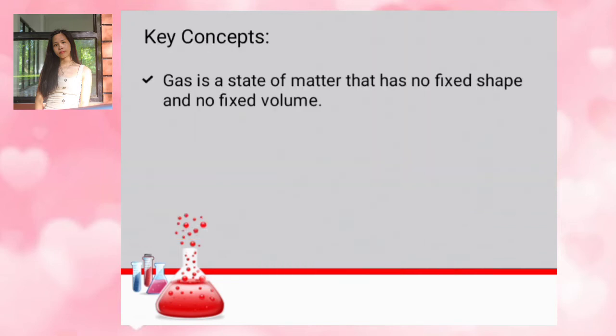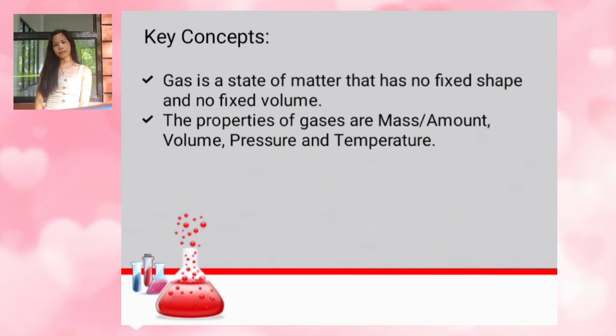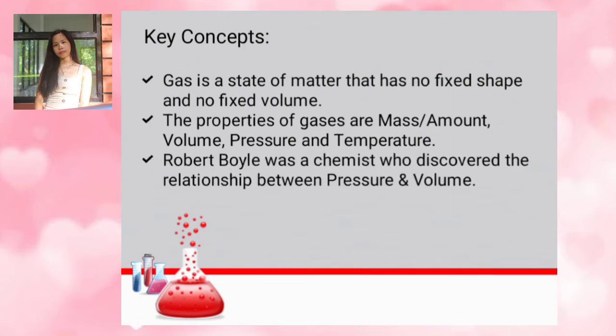Key concepts. Gas is a state of matter that has no fixed shape and no fixed volume. The properties of gases are mass, amount, volume, pressure, and temperature. Robert Boyle was a chemist who discovered the relationship between pressure and volume.